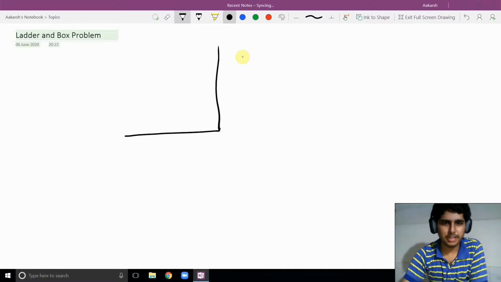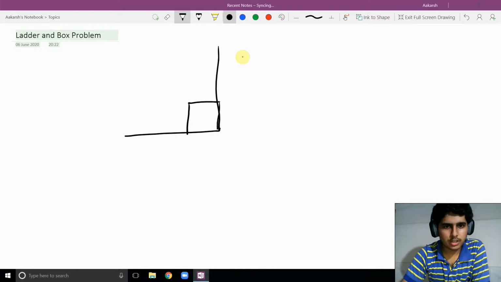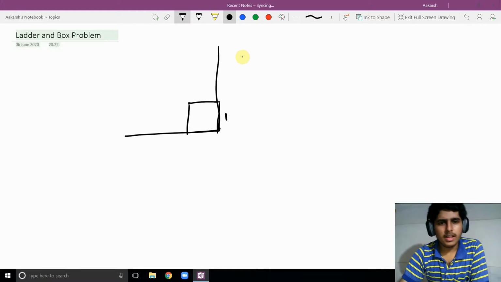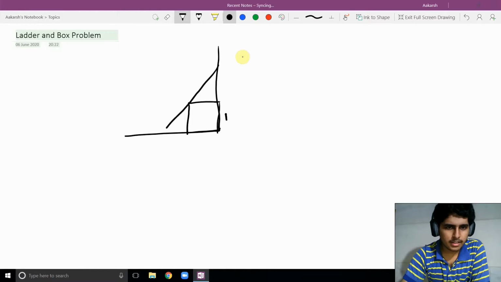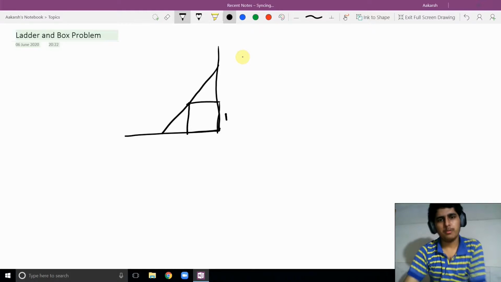Assume that this is a straight wall, and here you have a cube resting against this wall. It has side 1, and now you have a ladder. This ladder is resting on the wall and it just touches the cube at one point.